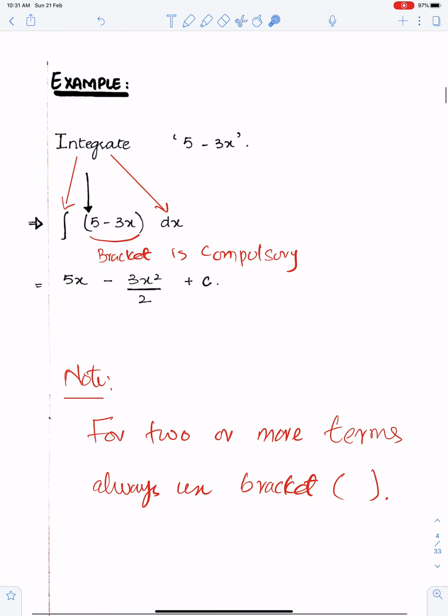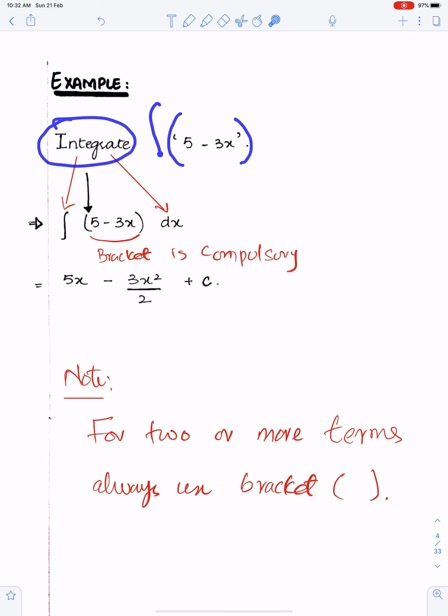Example, integrate this polynomial. To integrate this polynomial, write it between the sign of integral and the integral operator.